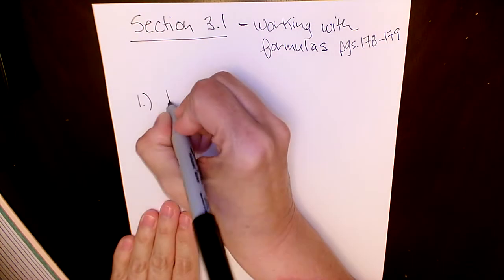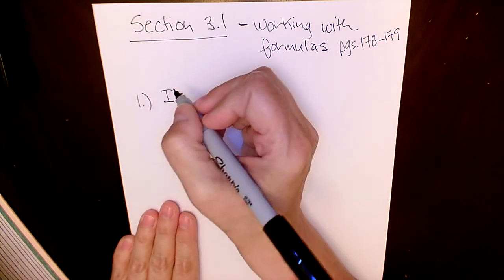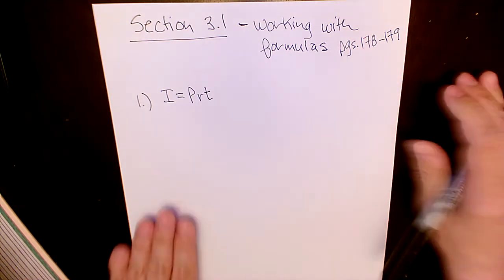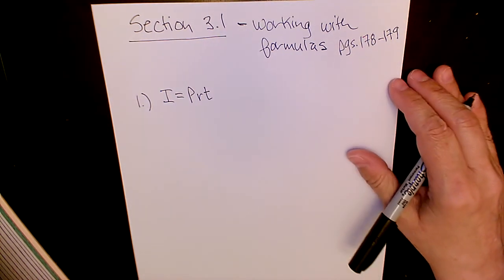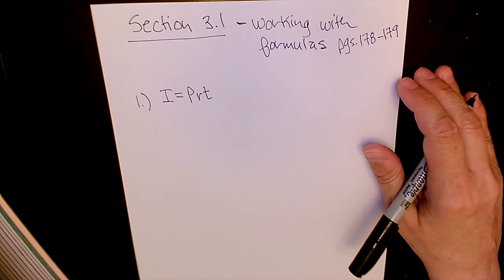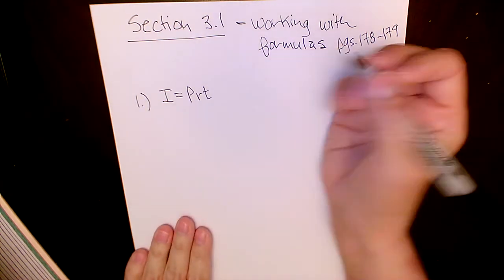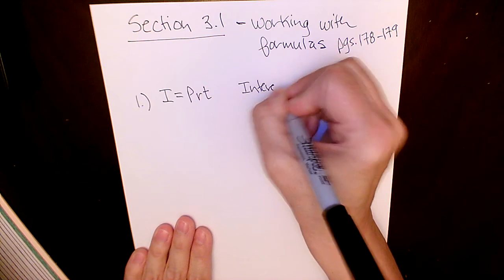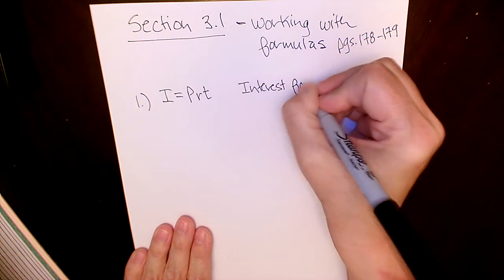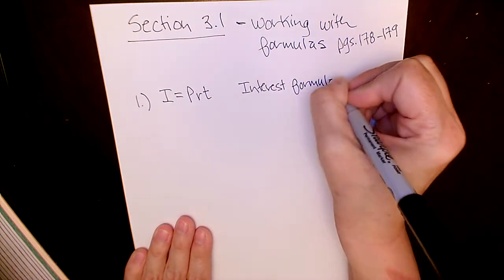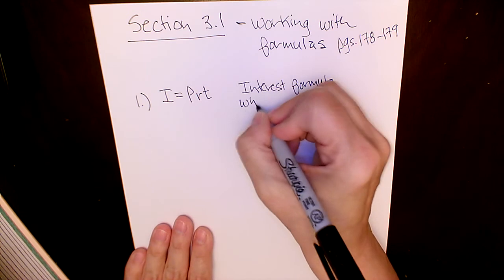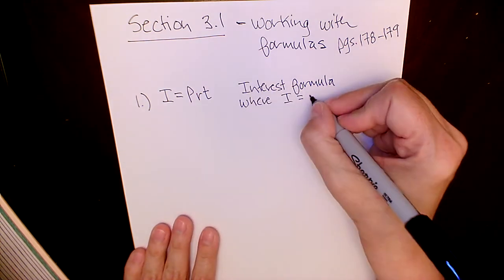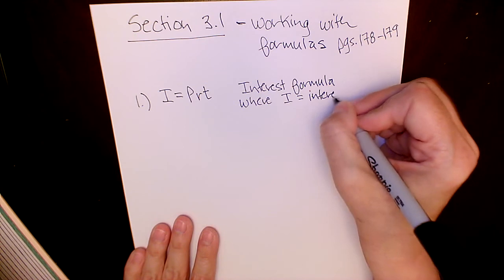The first one is I equals P times R times T. This is an interest formula. I is the amount of interest earned.